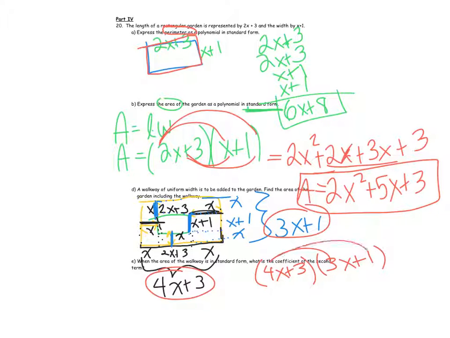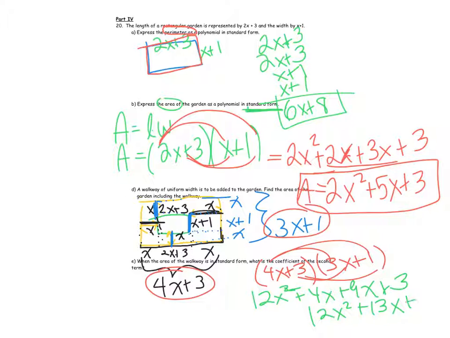When I double distribute, I end up with 12x squared plus 4x plus 9x plus 3. When I combine like terms, I have 12x squared plus 13x plus 3, giving me my final answer for the area of the garden, including the walkway.